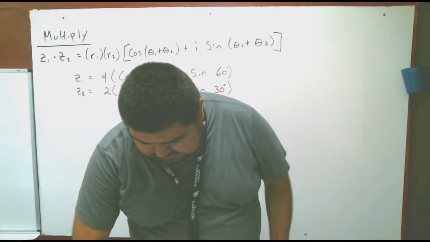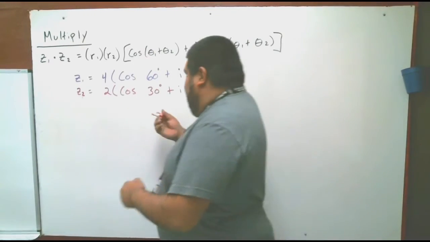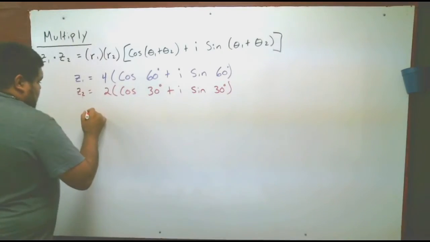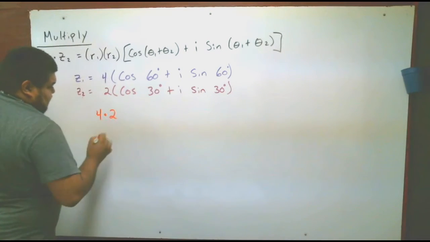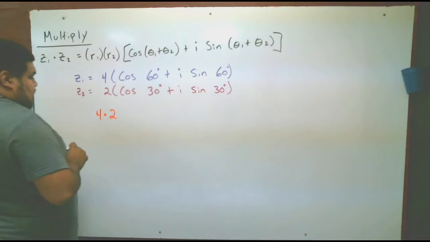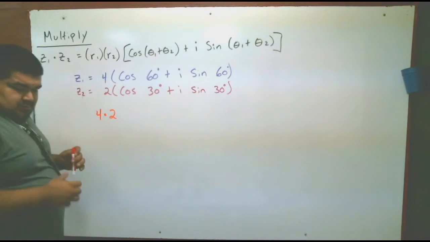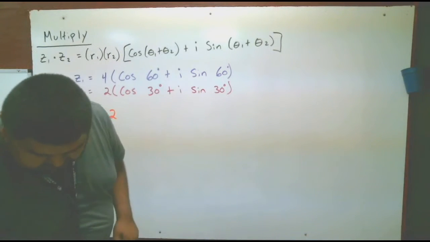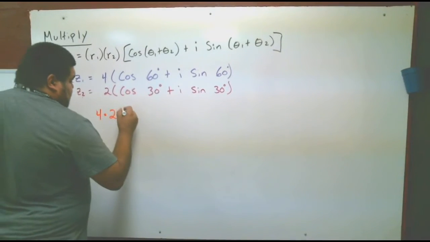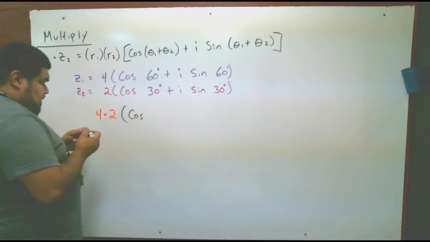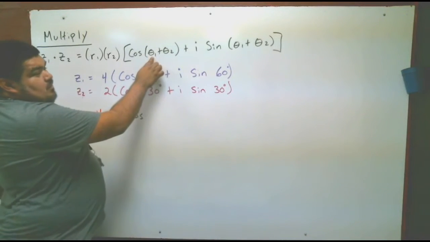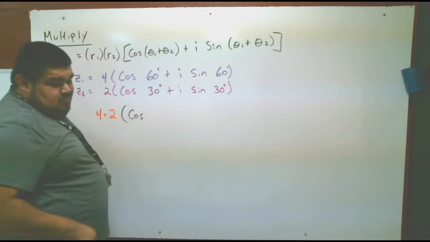We can say 4 times 2 for the r's, and then we use our parentheses, cosine of, remember, theta 1 and theta 2, we add them.